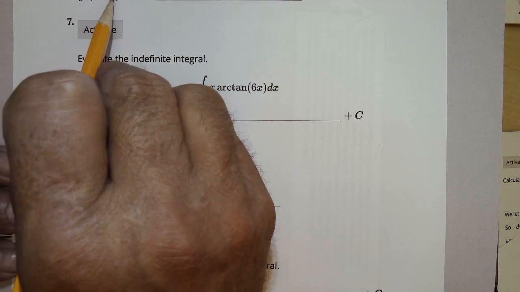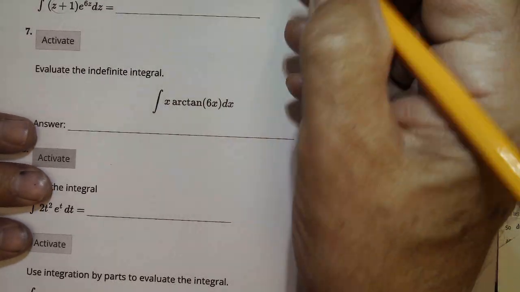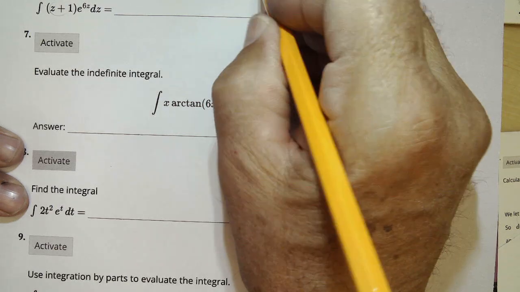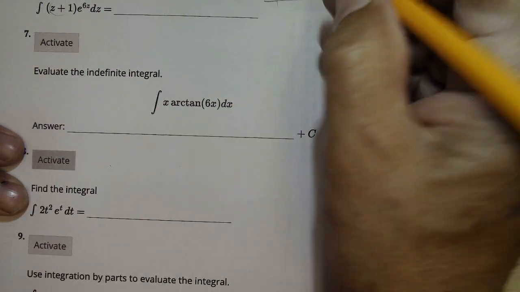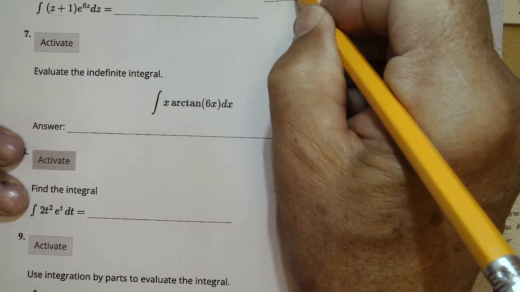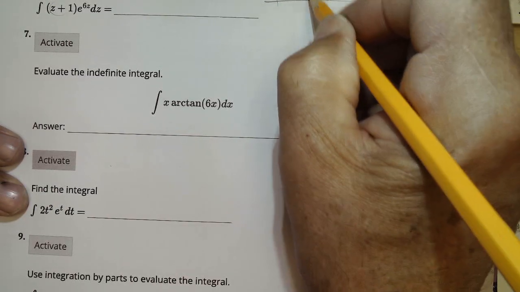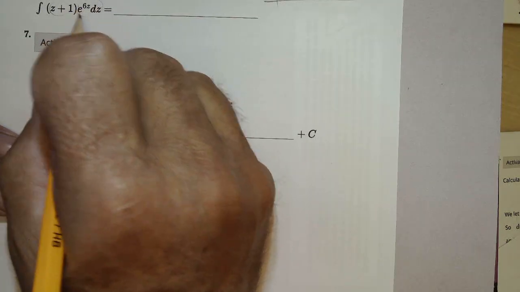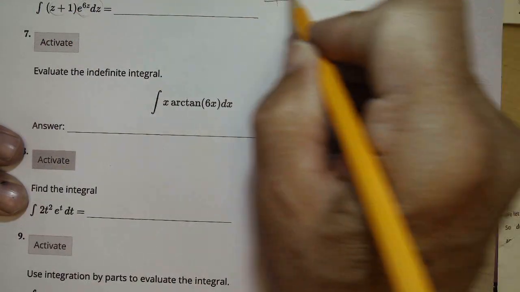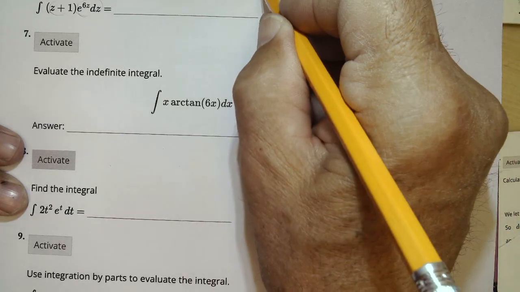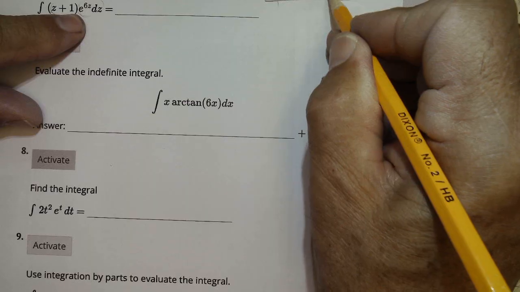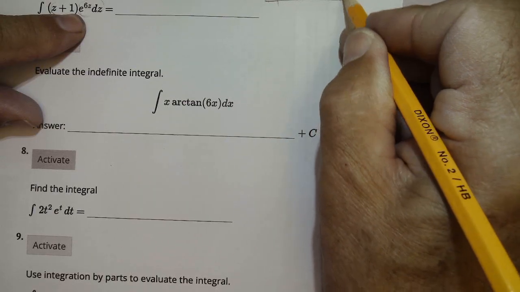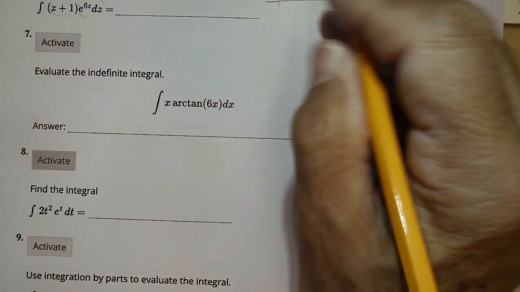I think I'm going to put this in the u, because if I take the derivative of that, it pretty much turns to 1. So in my table, I'm going to put z plus 1 under the u, and the rest of this under the dv, the derivative, not the function. So that would be e to the 6z dz.